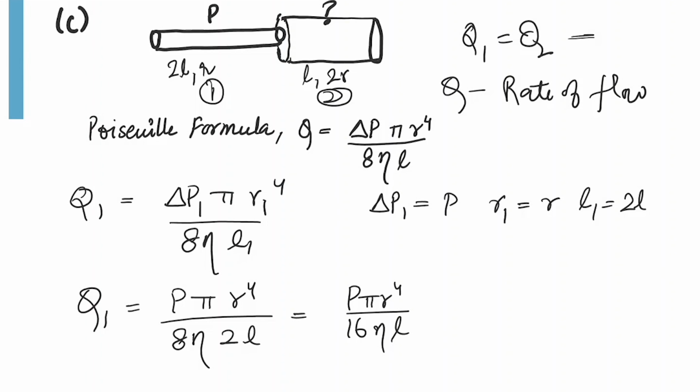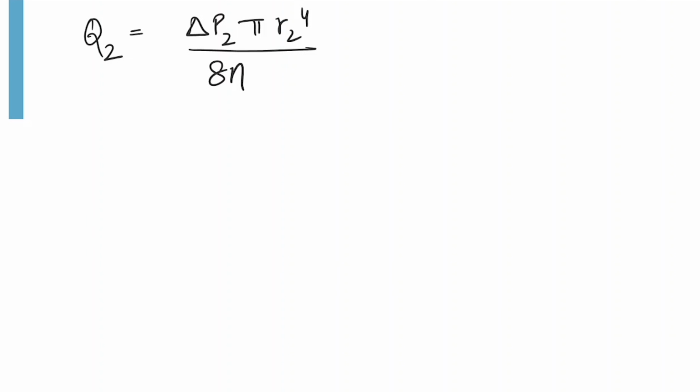Similarly we will find it for the second capillary tube. This is Q2, which is delta P2 pi R2 to the power 4 over 8 eta L2. Here the length is L, the radius is twice R, and we have to find this pressure difference.